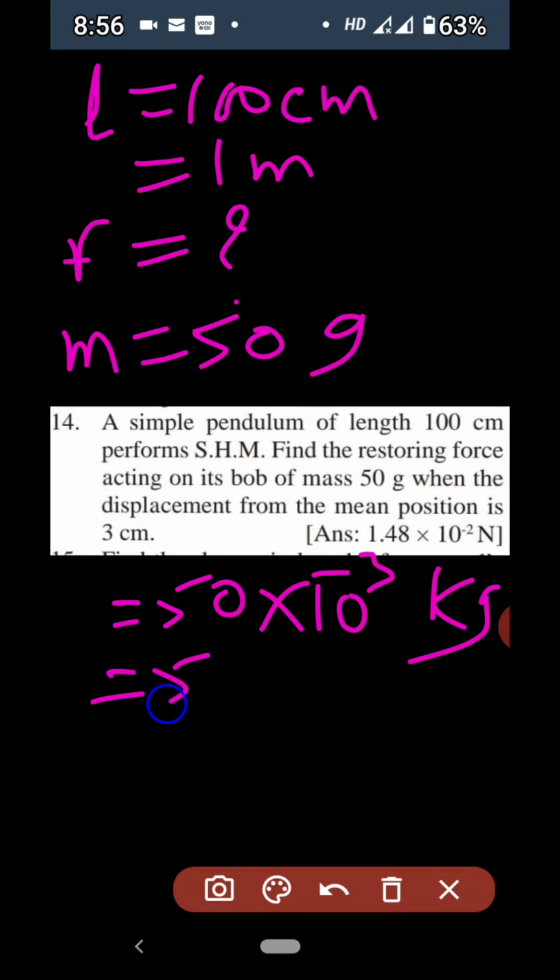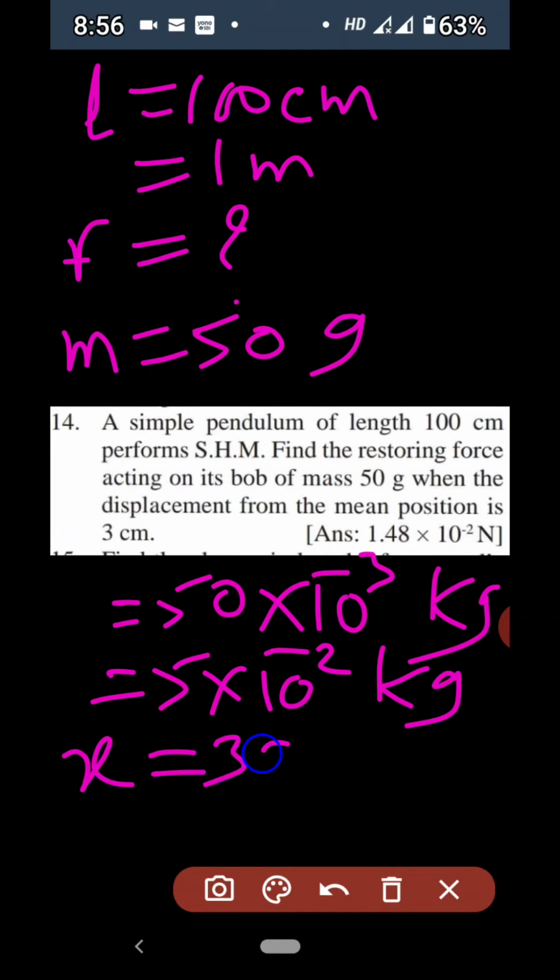We can write this as 5 into 10 raised to minus 2 kilogram. When the displacement from the mean position is x equal to 3 centimeter, centimeter can be converted in meter by multiplying by 10 raised to minus 2 meter. So this is the given data.